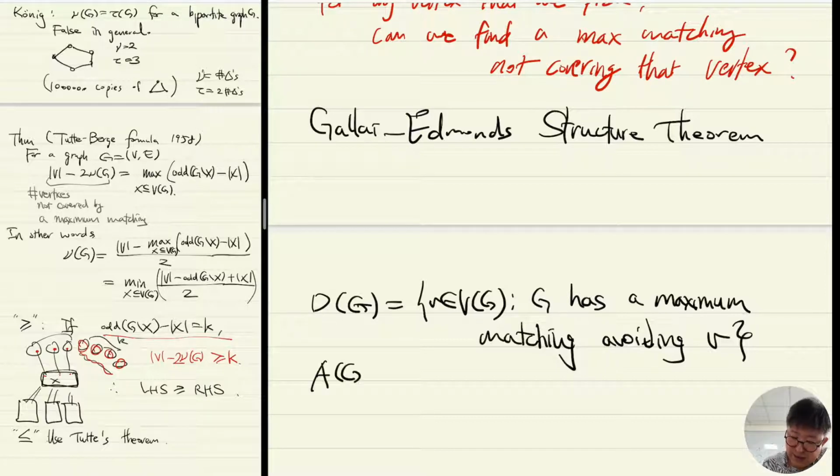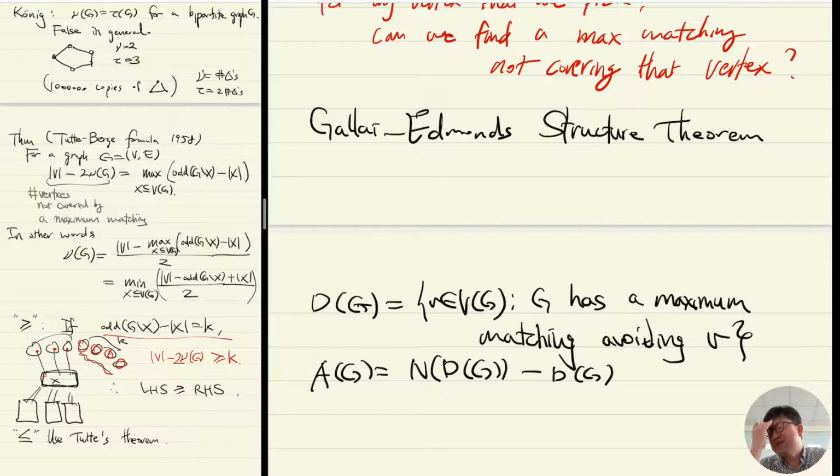And A of G is the neighborhood of D. Even though we defined the set of neighbors of some set to be the set of vertices that are neighbors of a vertex in that set and that are not in D, probably we don't have to write this, but I'm writing it just for clarity.